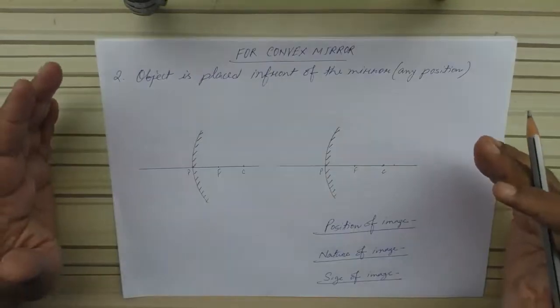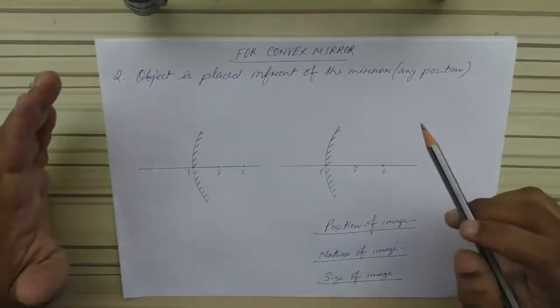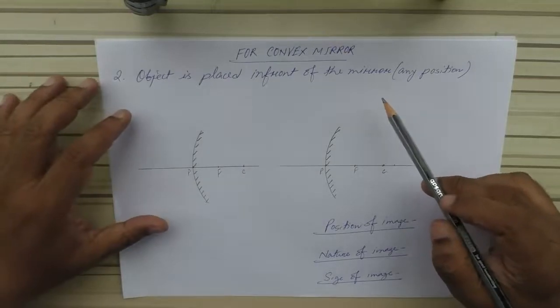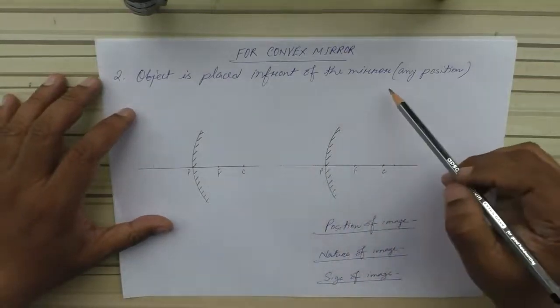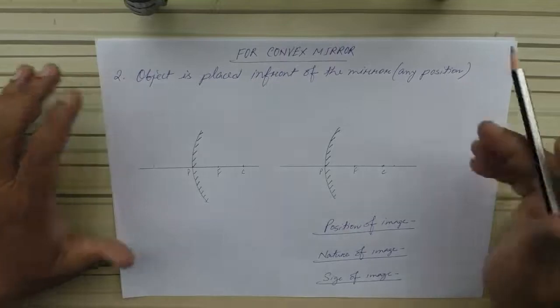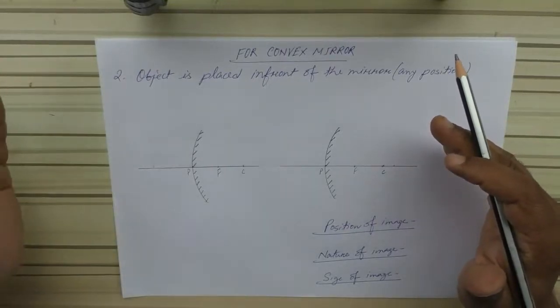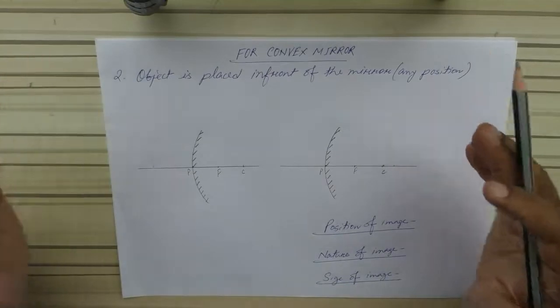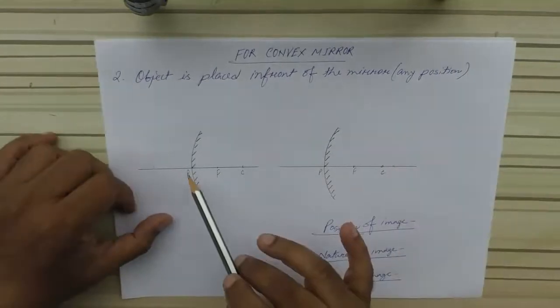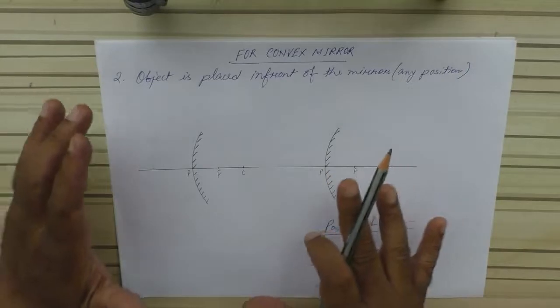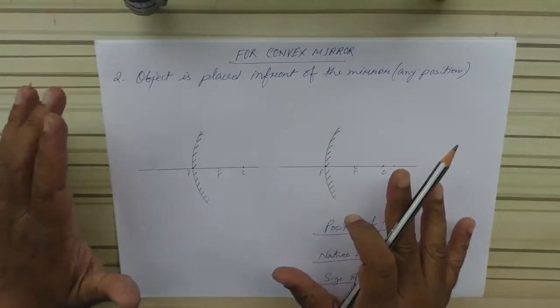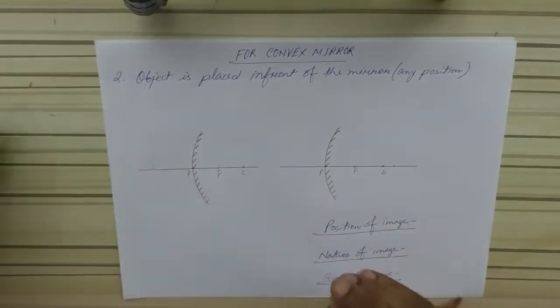Now in this video we will discuss ray diagram for convex mirror when object is placed in front of the mirror at any position. We have already discussed the first point, that is object is placed at infinity. Now object will be placed anywhere in between infinity and pole. I will show you two different diagrams, but whichever you feel convenient you should draw that.